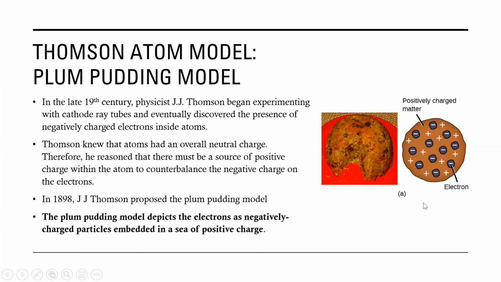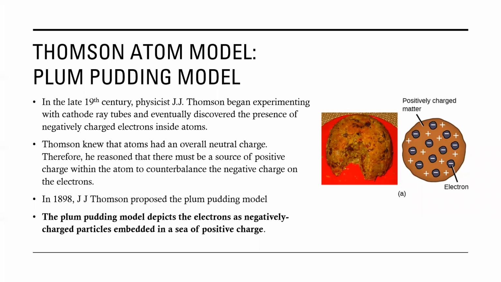Just like that, atom consists of a positive cloud or positive sea, and inside that, you have negatively charged electrons embedded. So these particles are kept inside a cloud of positive charge, and these are separate discrete negatively charged electrons.